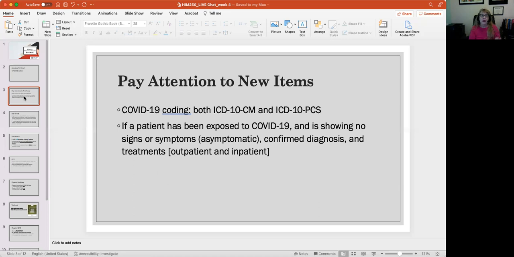You do need to pay attention, again, in reading your coding manual, in addition to the questions and the case studies, but also pay attention to new items that are included, and what I mean by that are new sections, like COVID-19 coding. Codes have been added for a long list of COVID-19 issues. So you have exposure to COVID-19 but asymptomatic. You have confirmed diagnosis, and of course you have treatments, both outpatient and inpatient.